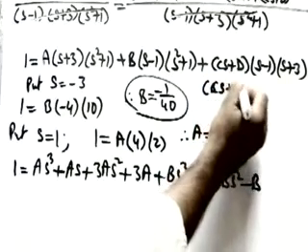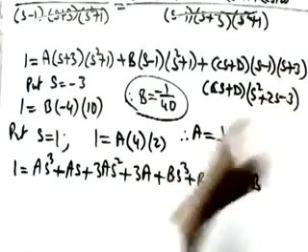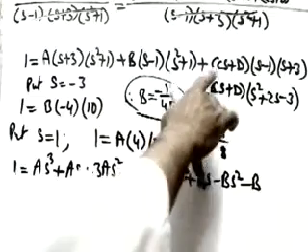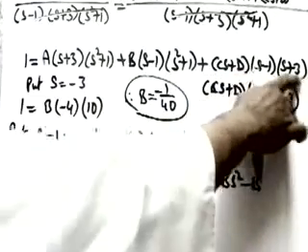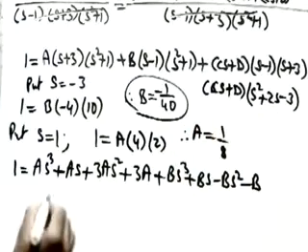Let you do one thing. cs plus d into, you multiply s into s square plus 3s minus 1s is plus 2s minus 3. You see here, if you multiply cs plus d into s square plus 2s minus 3.